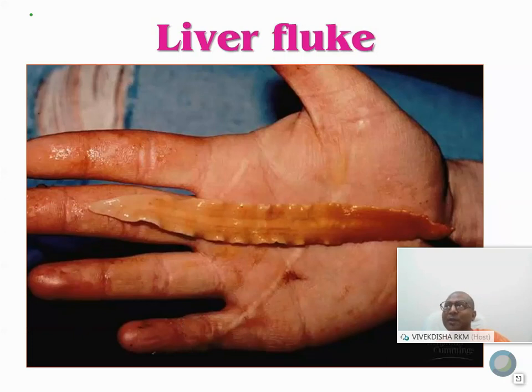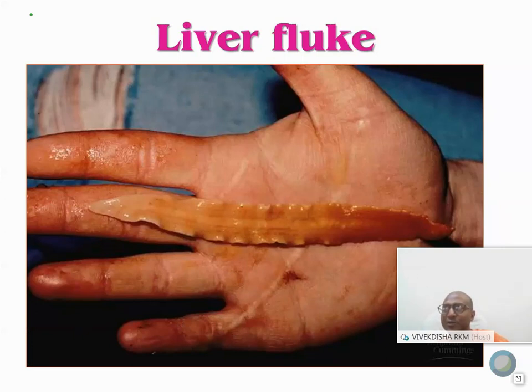So they also draw nourishment, completely digested food, from our intestine. They need not digest anything. They will completely take up digested food from the intestine. So those children having more liver flukes cannot grow properly because the digested food is taken up by the liver fluke.